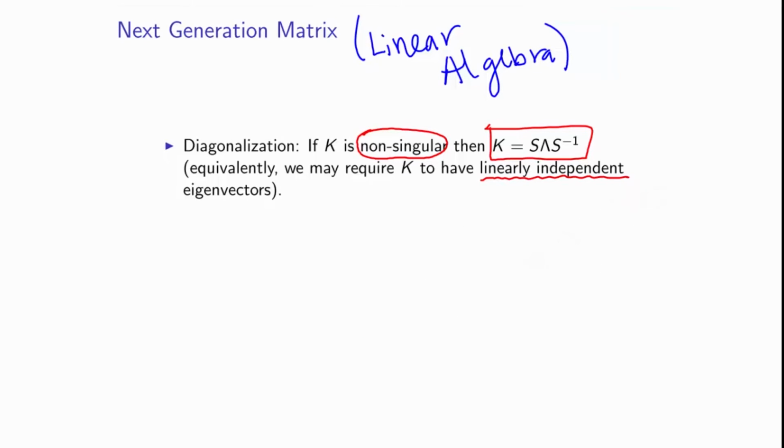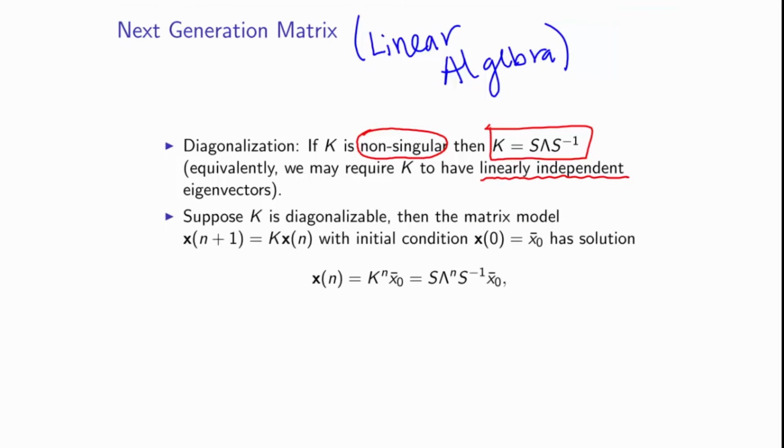If K can be factored in terms of the matrix storing the eigenvectors, which I'm going to call the eigenvector matrix, and in terms of the eigenvalue matrix, the matrix storing the eigenvalues on the diagonal, then we can write the solution of the matrix model. The matrix model is this.